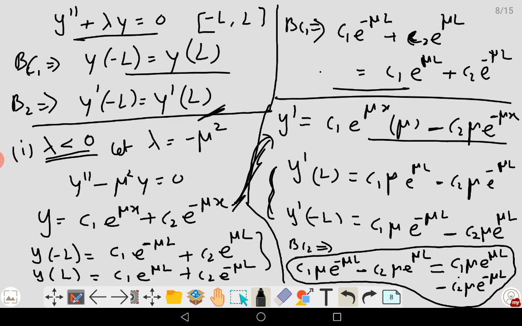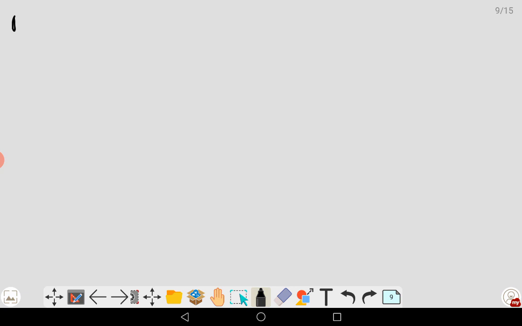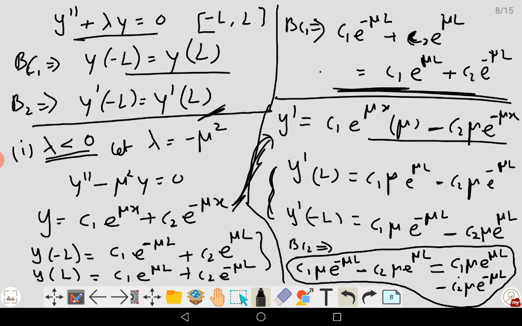Now we will rearrange boundary condition 1, taking c1 on one side and c2 on the other side. From boundary condition 1, we rearrange the terms to get the c1 terms on the left side. When it moves to the left side, it takes a negative sign.